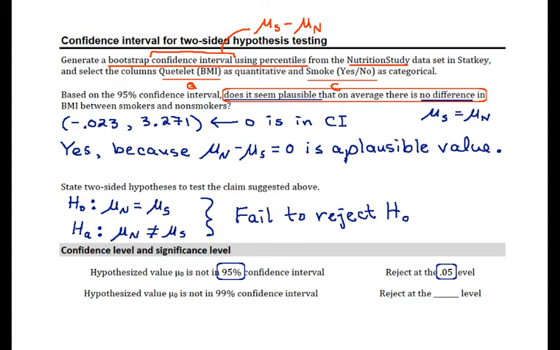So a 95% confidence interval can be used to answer hypothesis test questions that are two-sided hypotheses at the 0.05 level. So you can probably catch on to the pattern at this point. 99% leaves 1% remaining, and therefore this could only be used to reject at the 0.01 level.